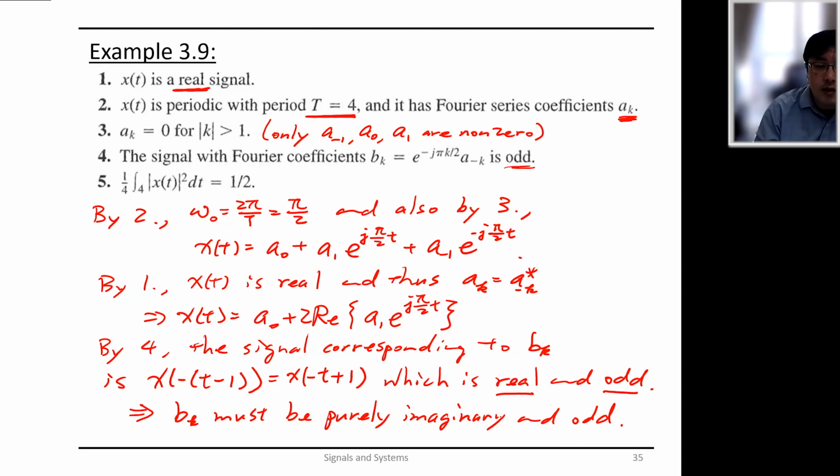Being odd implies that b0 must be 0, and that b1 is equal to minus b sub minus 1.